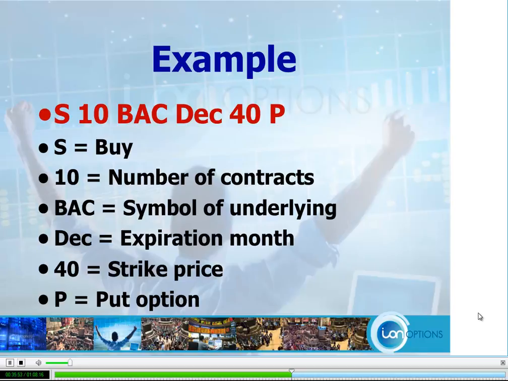BAC, underlying symbol, Bank of America. DEC, short for December, that's our expiration month. Last trading day will be the third Friday of December. 40, that's our strike price. P for put option, giving us the right to sell.